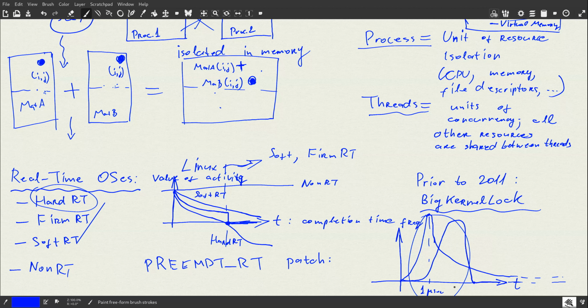So now the mode, the maximum density of your distribution, is bigger. Suppose now it takes 2 microseconds. So in the majority of cases, the real-time operating system performs worse than a non-real-time operating system. It takes longer time, right?